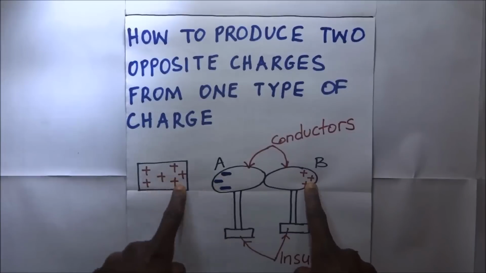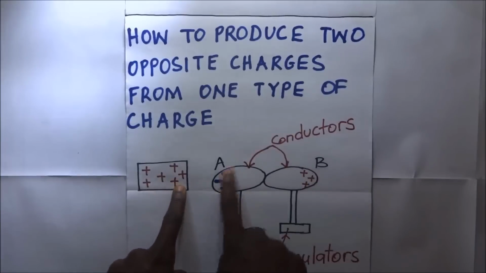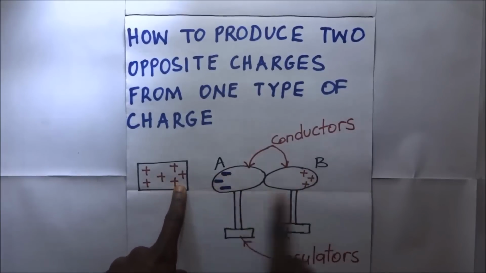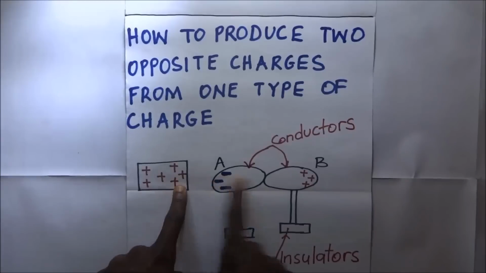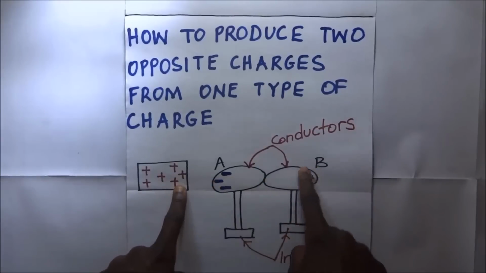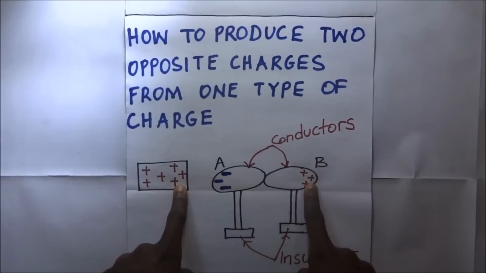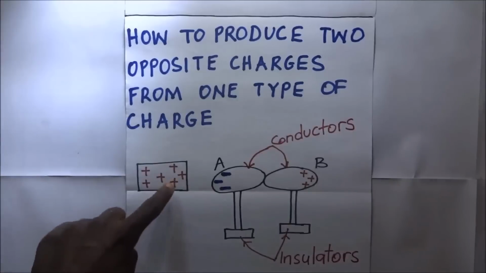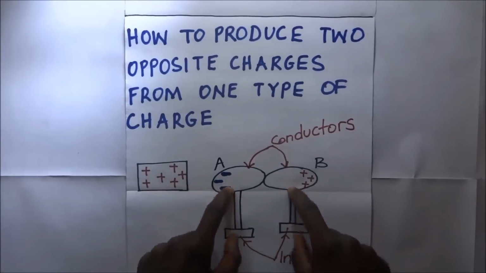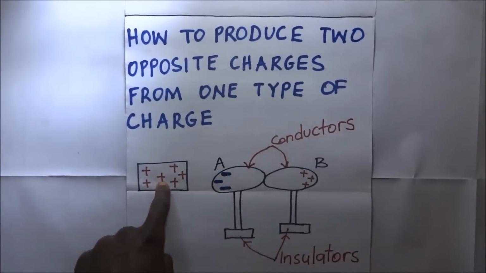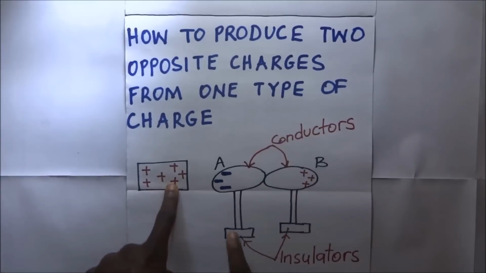When we do so, these positive charges are going to attract the negative charges that are within these. Negative charges will be attracted towards end A, and so end B will have a net positive charge. When this happens, you separate these conductors while the charged body is still in position.